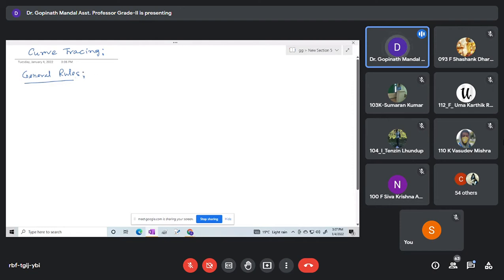First we have to find that the curve is symmetric or not. Okay.